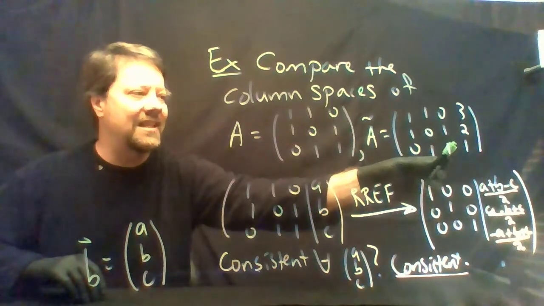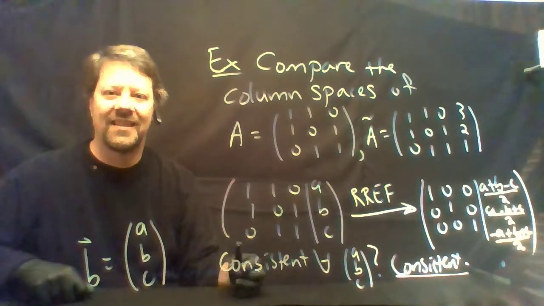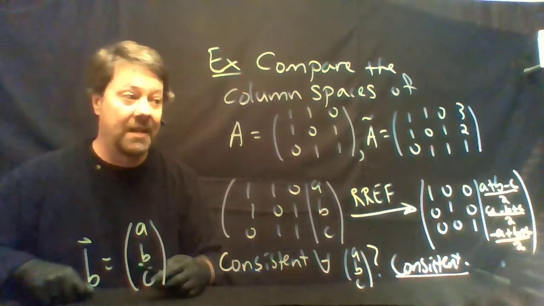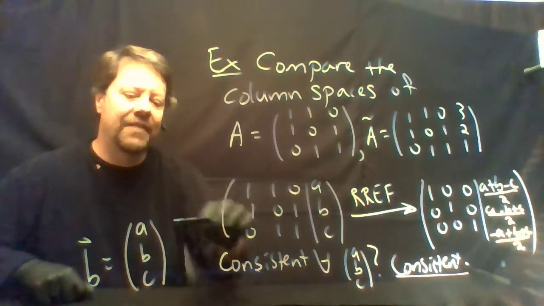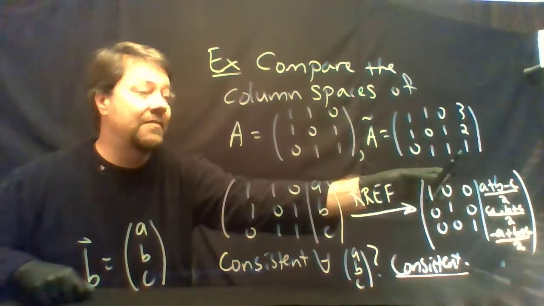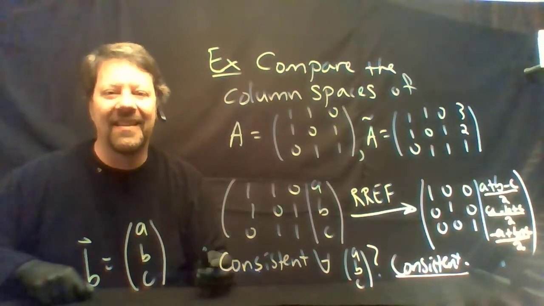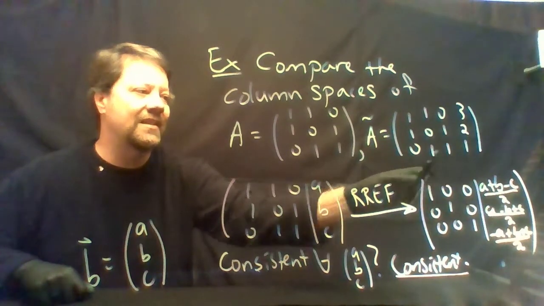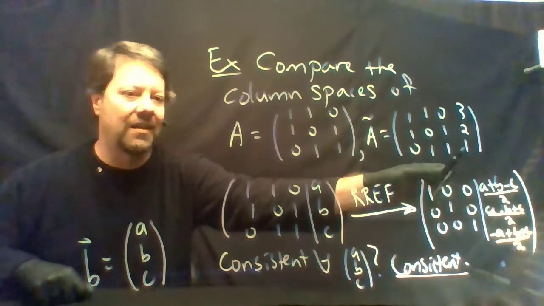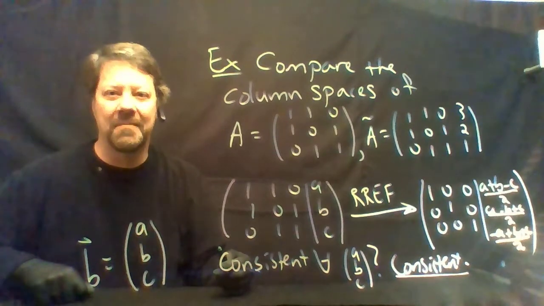Because the matrix A tilde only throws in one last vector, note that the vector 3, 2, 1 can be thought of as an A, B, C. Since every vector A, B, C can be expressed as a linear combination of these first three, then 3, 2, 1 can be expressed as a linear combination of the first three. That means the columns of matrix A tilde are linearly dependent. We have this vector in the last column that can be expressed as a linear combination of the vectors in the first three.